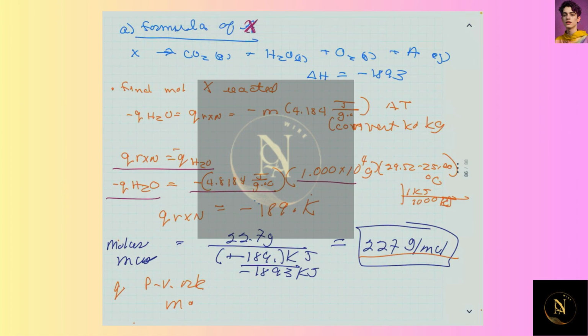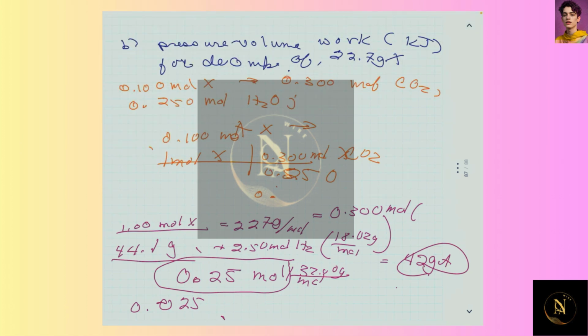So Q of my water will equal the specific heat times the mass times the change in temperature, and I get negative 189 kilojoules. So there's my kilojoules. And then I've used this equation to solve for my molar mass right here.